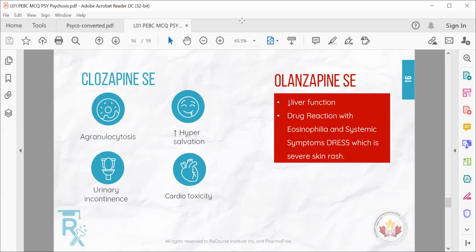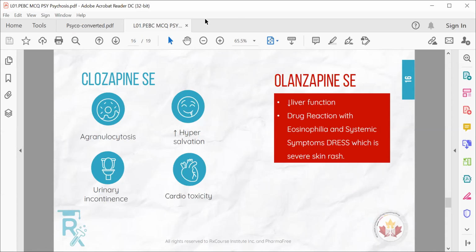This is why Clozapine is avoided. Also, Clozapine might cause hypersalivation, like more saliva from your mouth. Also, it might cause urinary incontinence and also cardiotoxicity.